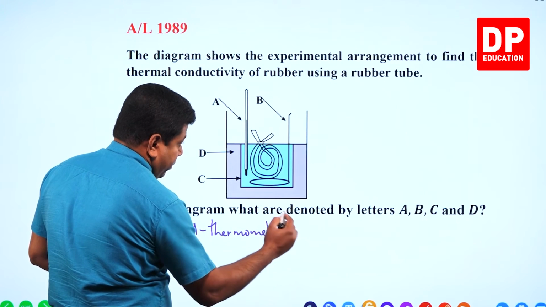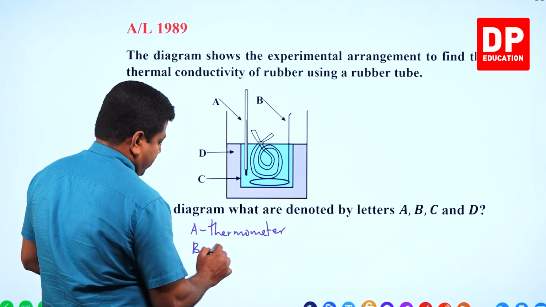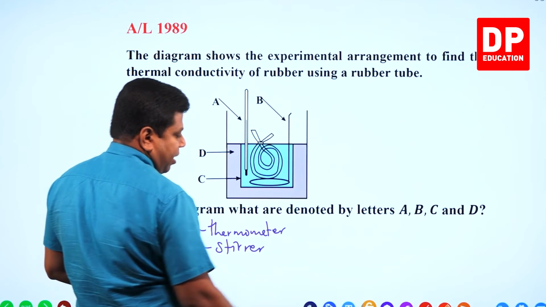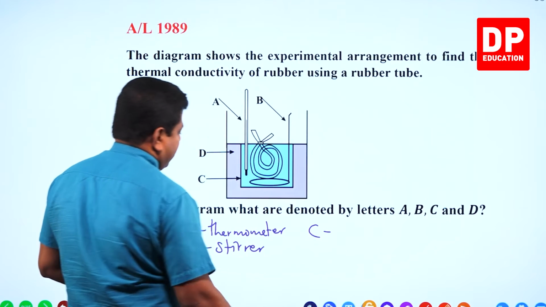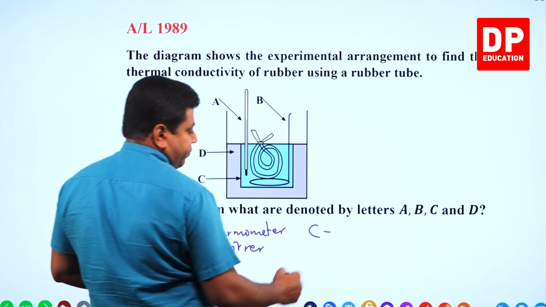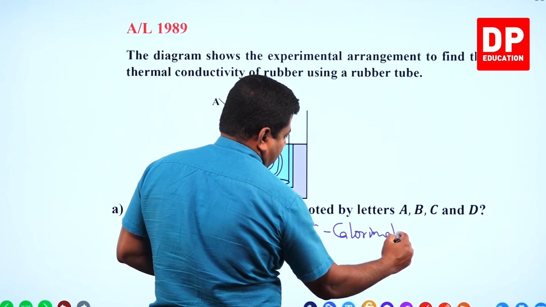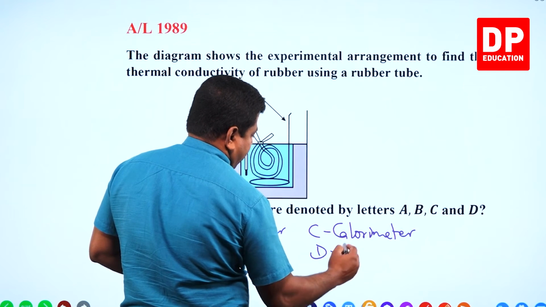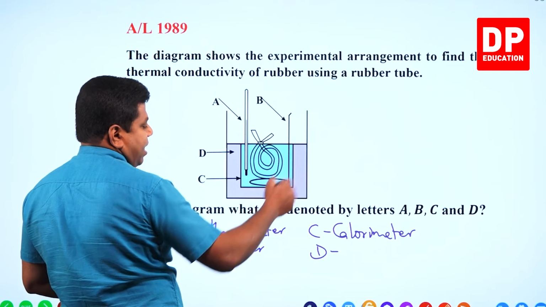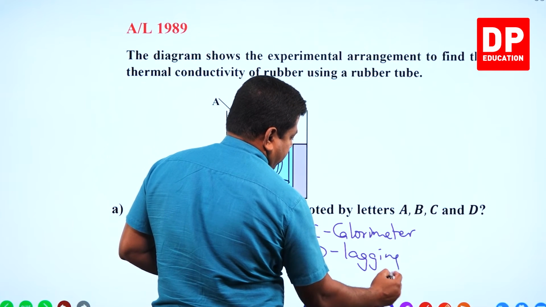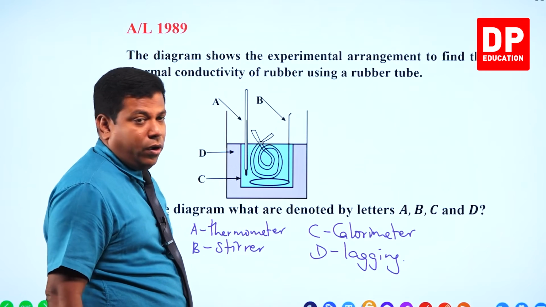B, stirrer. Everyone can answer. C is the calorimeter. And D is lagging, or you can say thermal insulator.